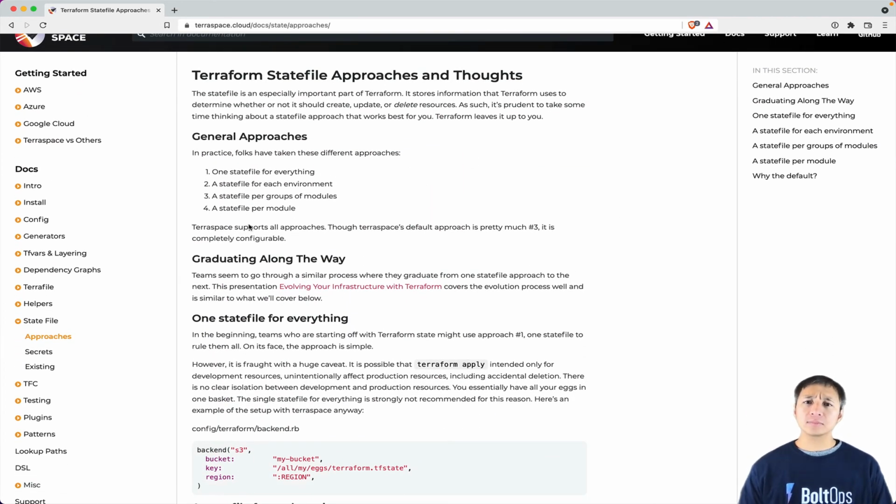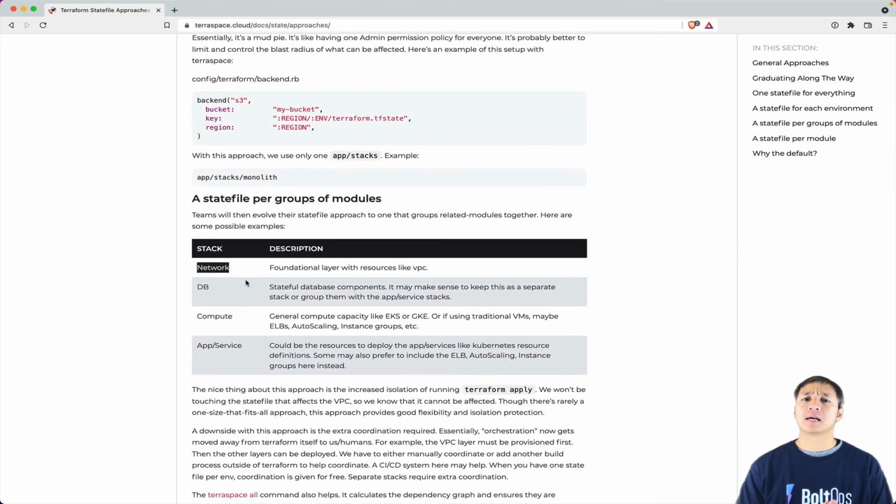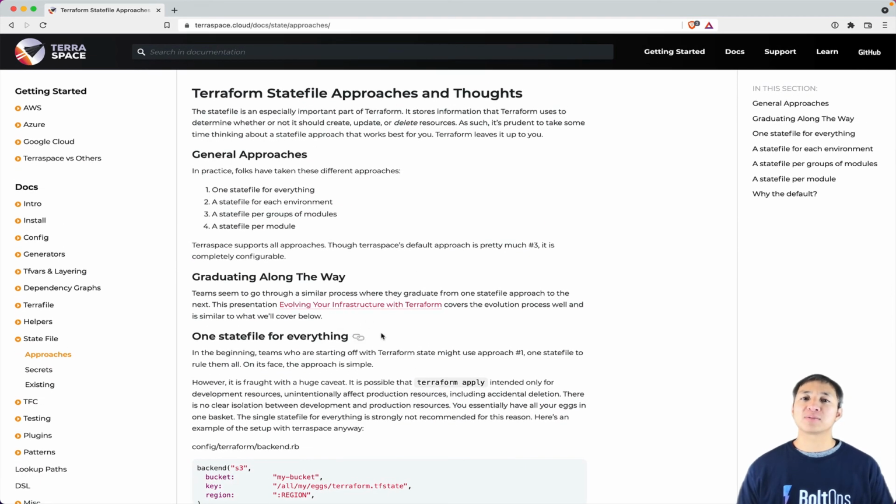This is the reason why I think having a separate state file per stack that you're deploying makes complete sense, and this is the approach I would recommend. It's based not just on my experience but on other people's too. This is just my thoughts on the subject, because this conversation still comes up over and over again, and I wanted to cover this and explain why Terraspace took this approach, and why I think it makes a lot of sense.